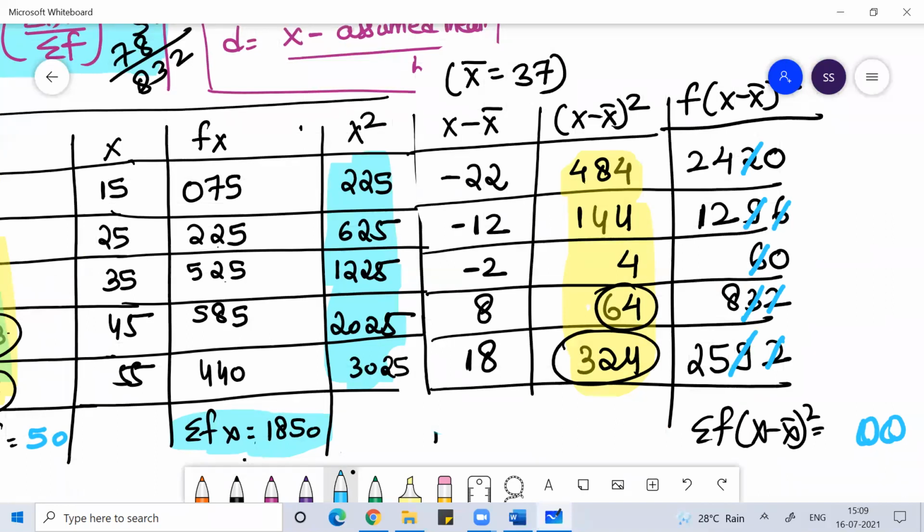Write 0, 3 carry. 4 plus 3, 7, 7 plus 2, 9, 9 plus 8, 17, 17 plus 5, 22. Write 2, 2 carry. 7200.